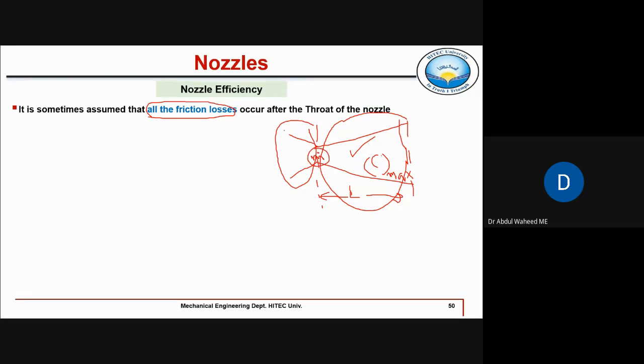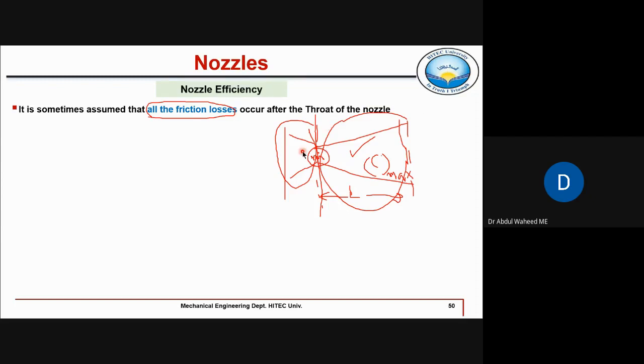And if the frictional losses in the convergent section are negligible, it means whatever mass flow rate has developed here in the throat section will be the same after the throat, because the throat is actually deciding the maximum mass which will flow through this nozzle, right? Which we have already studied in previous lectures.